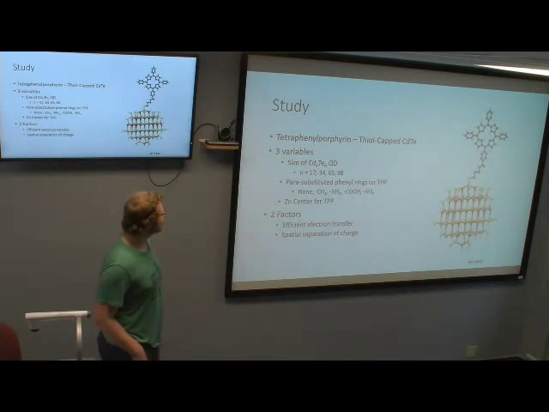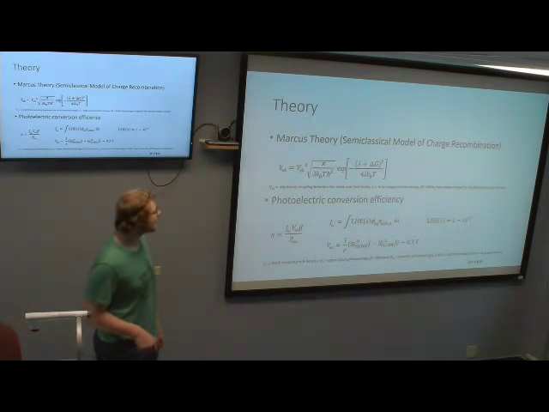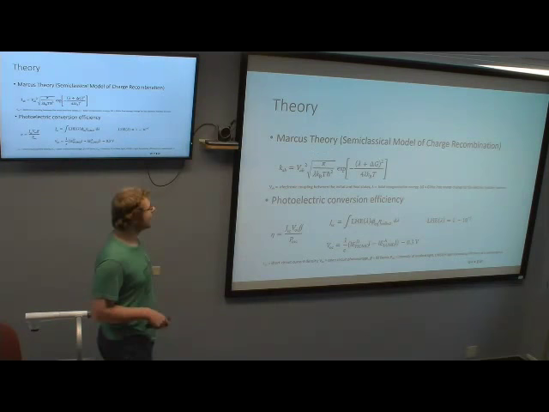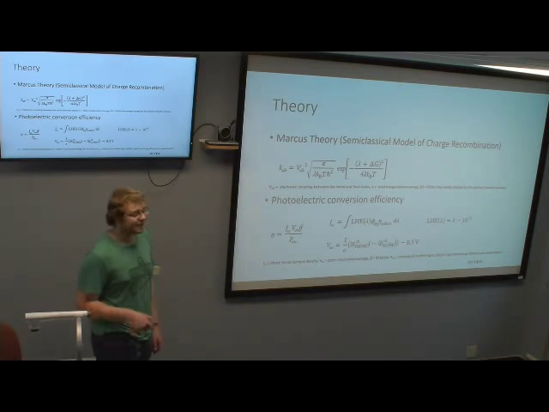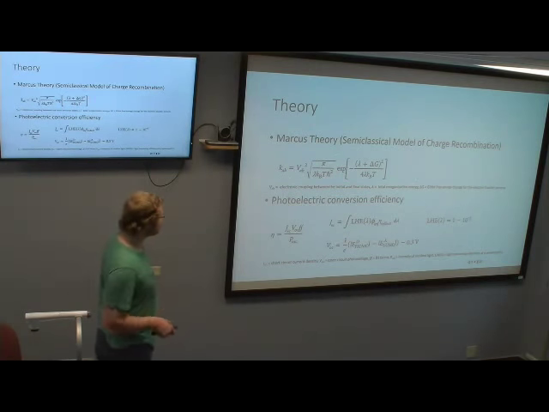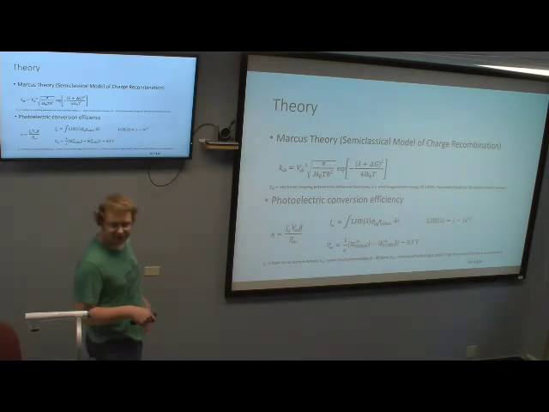So let's take a look at some of the theory that they talked about. The main one was Marcus theory, and they specifically used this semi-classical model of charge recombination. The rate of charge recombination is this big expression. Maybe you need to explain what you mean by recombination.